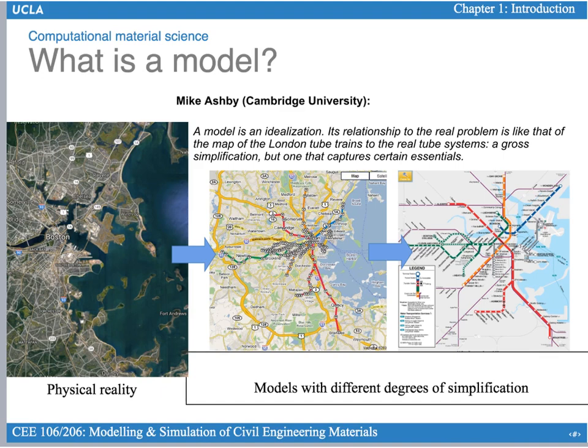You don't care about seeing exactly what the shape of the subway line is, where it turns, where it is a straight line. You don't necessarily care that the distance between those two stops is shorter than the distance between those two stops. All you care about is which line you should take, and where you should change from one line to another.